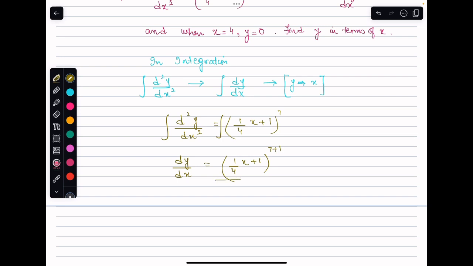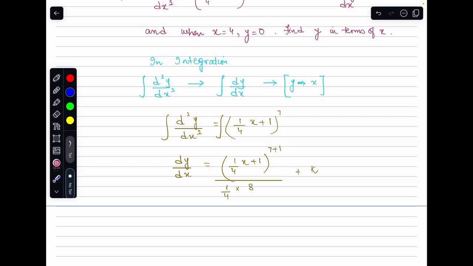Add 1 to the power, and then it gets divided by the derivative of 4x plus 1, which gives me a 4, times n plus 1, which in this case is 7 plus 1, giving me an 8, and then there should be a constant added to it. So I'm adding the constant as a k value here.